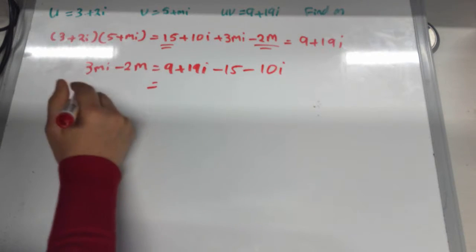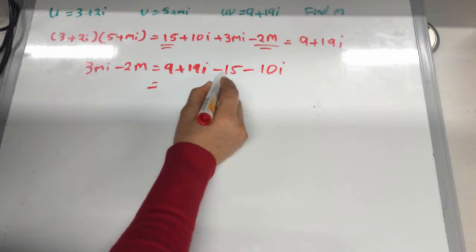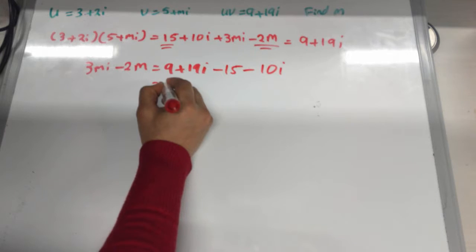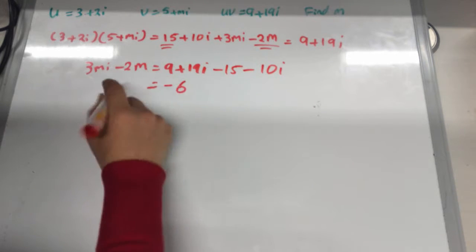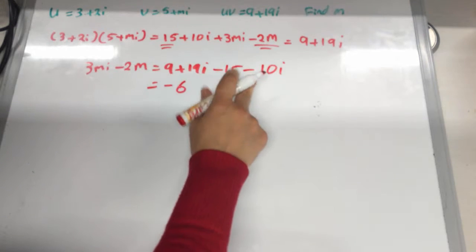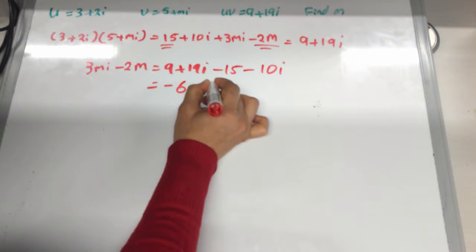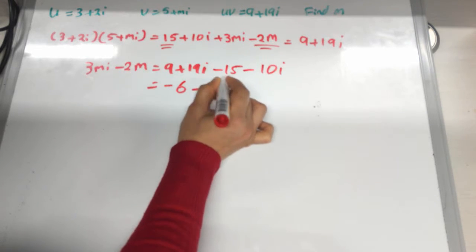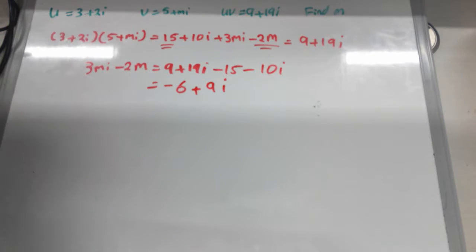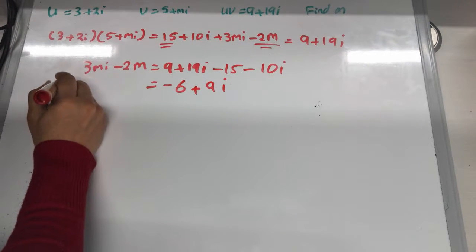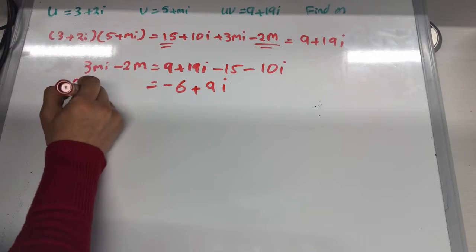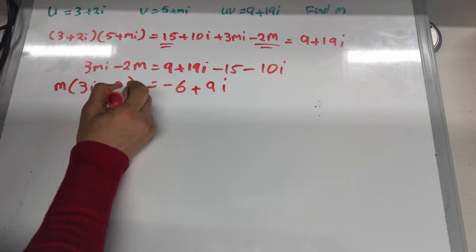Then we simplify this side, so we'll have 9 minus 15, that's -6, and then 19i minus 10i, that's 9i. And then here we've got the common factor m, so we've got m times 3i minus 2.